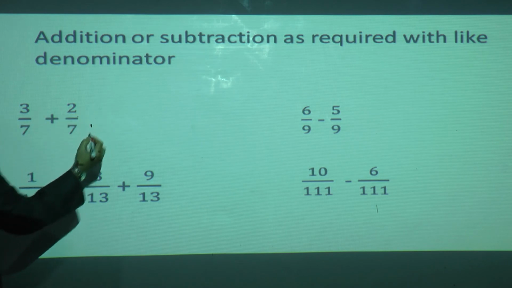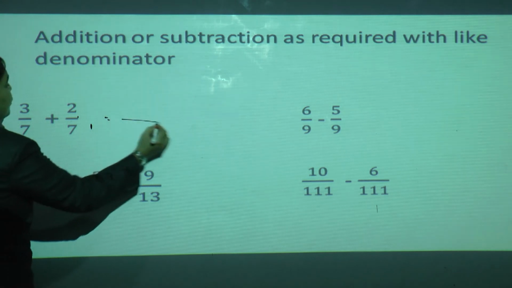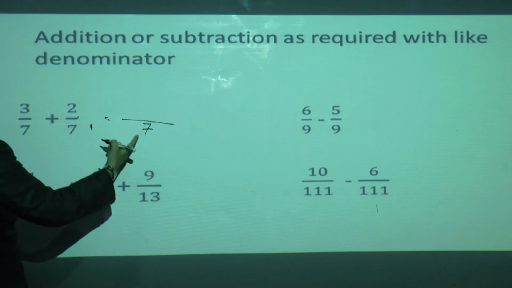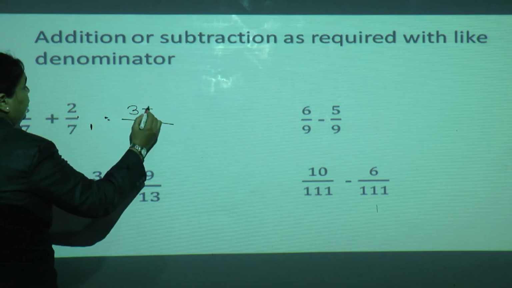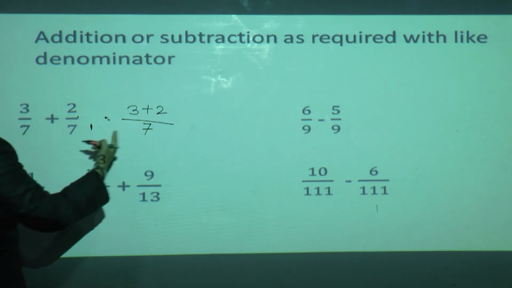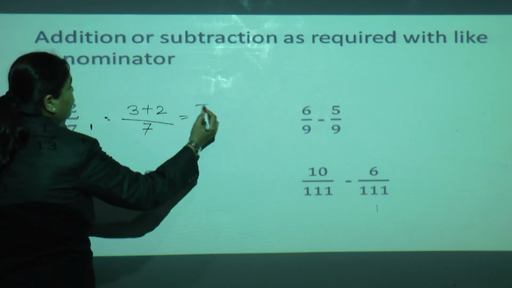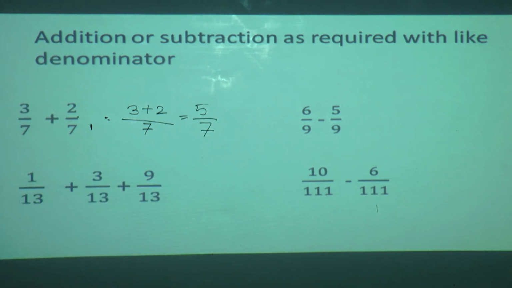I told you the denominators are the same, so you write one common denominator, 7, and then 3 plus 2. The operation is addition, so it will be added. Here 3 plus 2 is 5/7. In this way you can do it directly when the denominators are the same.